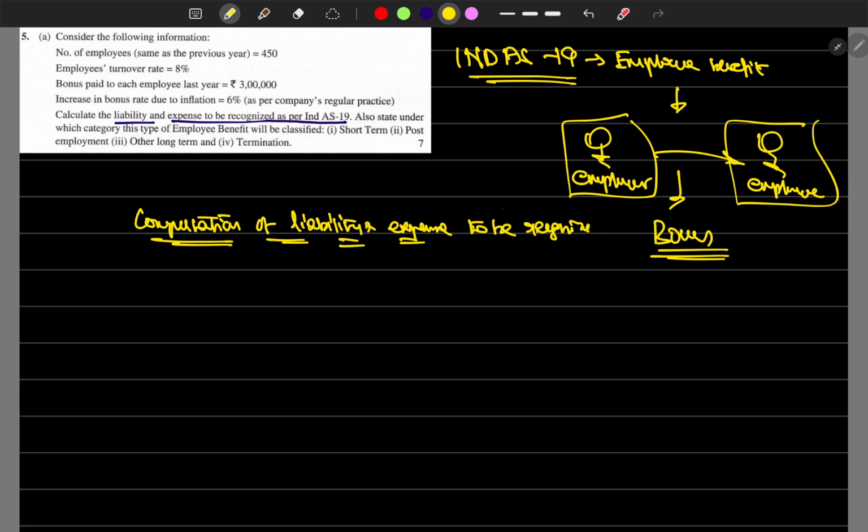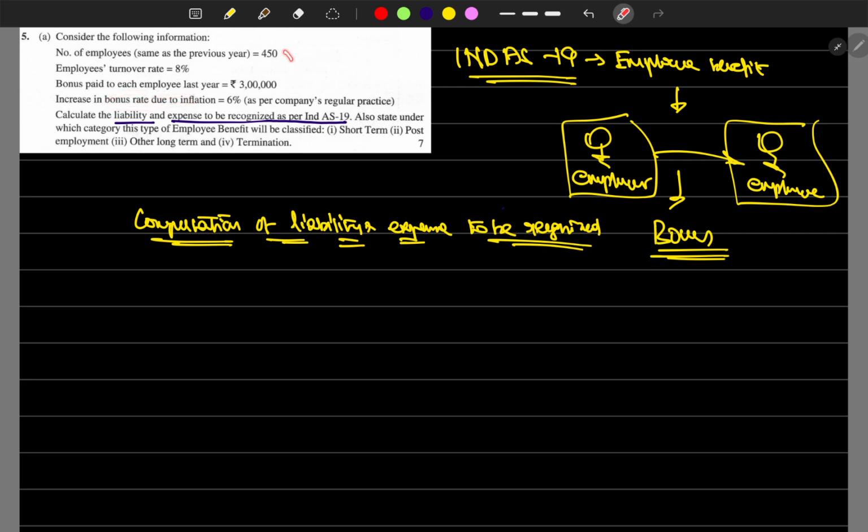What information do we have? We have the number of employees, and the employee turnover rate, that is, the attrition rate in the company, 8%. We also have the bonus paid to employees last year, and the increase in bonus rate.